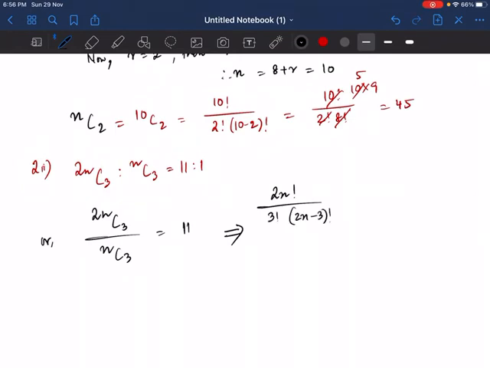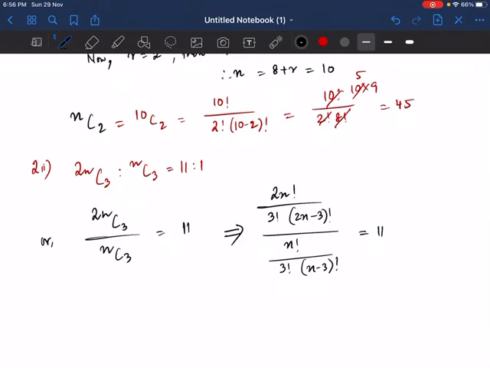Now that divided by n factorial divided by 3 factorial, n minus 3 factorial. We can write this too. Then we write here equal to 11.